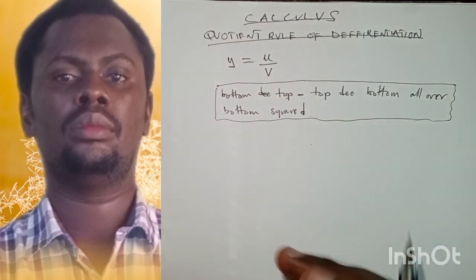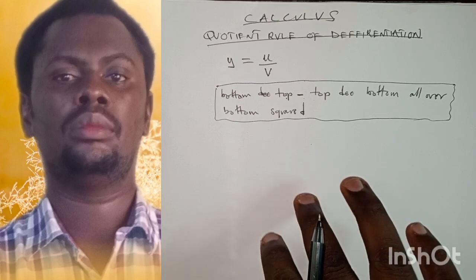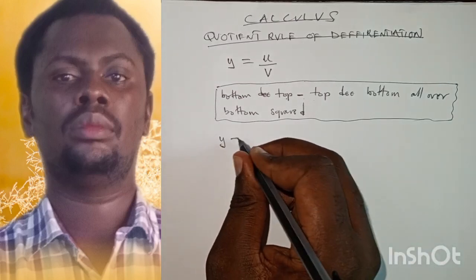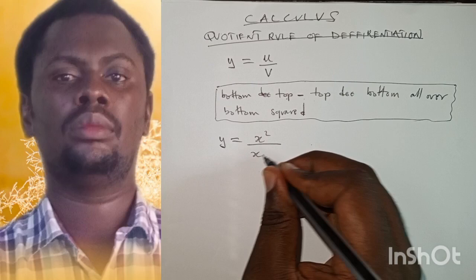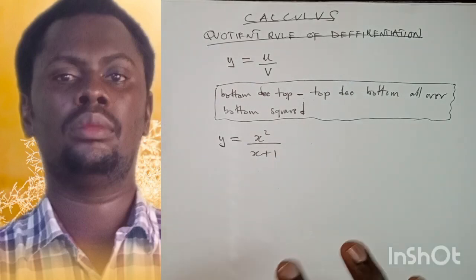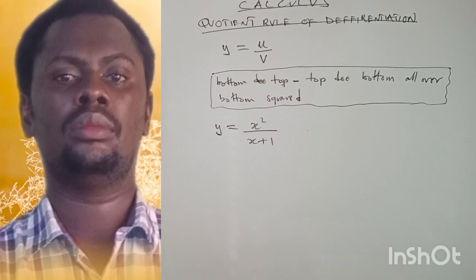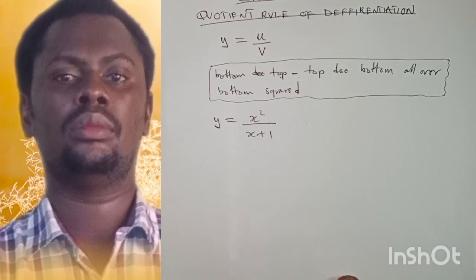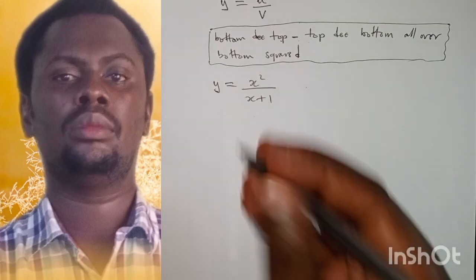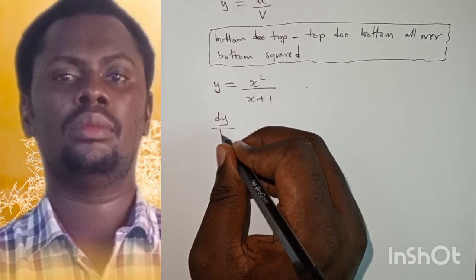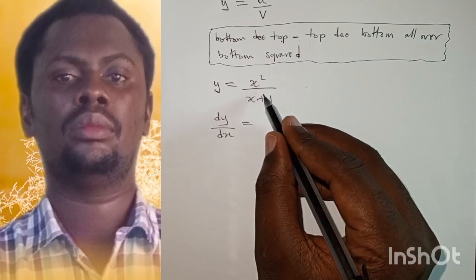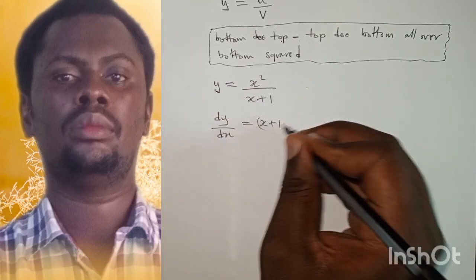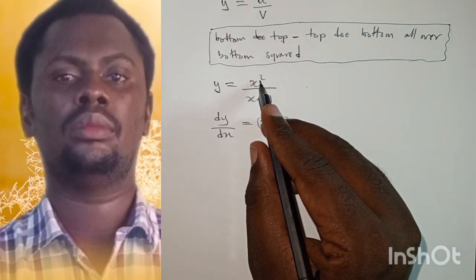Okay, so let me explain it further by means of an example. Let's say we have y is equal to x squared over x plus 1. If you want to differentiate this by quotient rule, the derivative of y with respect to x is equal to, so it's bottom: you keep the denominator constant, so it will be x plus 1, then you differentiate the numerator.